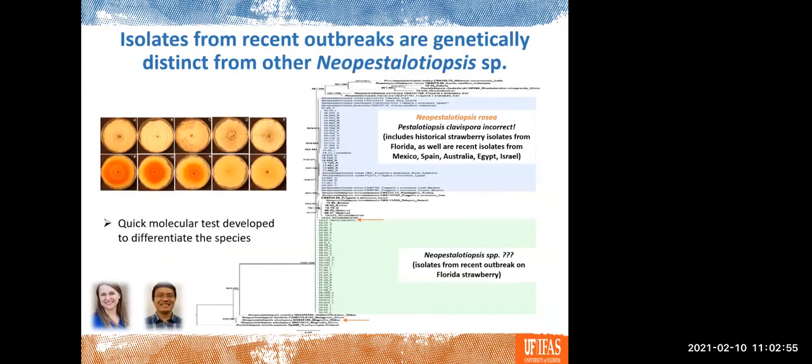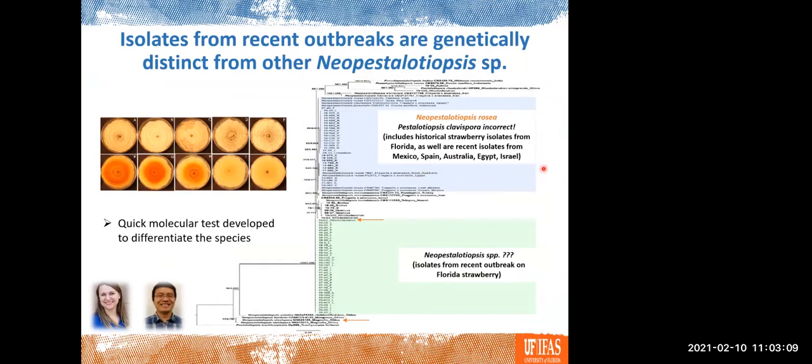So what have we learned so far? Well, one thing we know is that isolates from the recent outbreaks are genetically distinct from isolates that we collected historically on strawberry, as well as isolates from strawberry production areas in other regions.